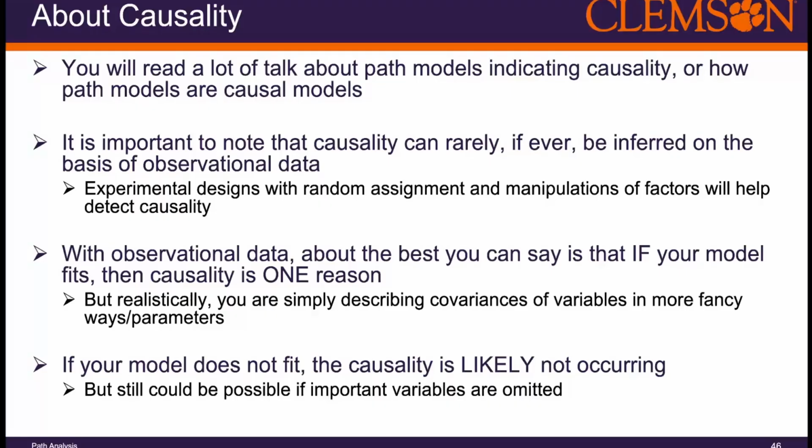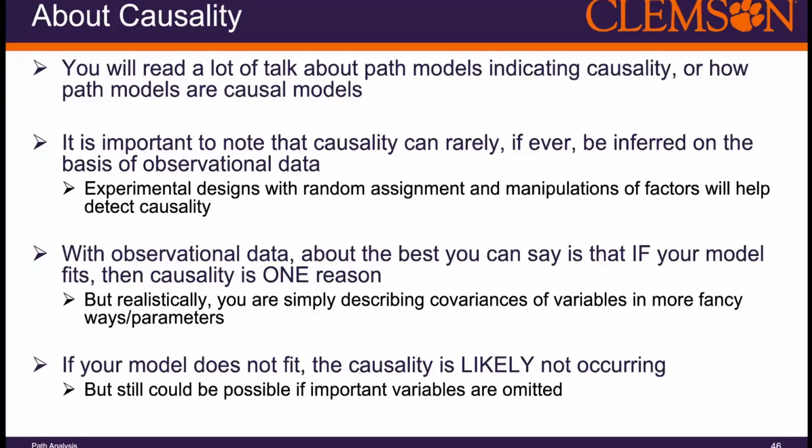The hard part with that is causality can rarely, if ever, be inferred on the basis of observational data. This is not an experiment we ran. And even if you have an experiment, it may be the case that causality may not be able to be inferred either, right? So just because we have a very fancy model, path analyses and variables and so forth, doesn't mean we're getting around the issue that this is not necessarily a causal process.